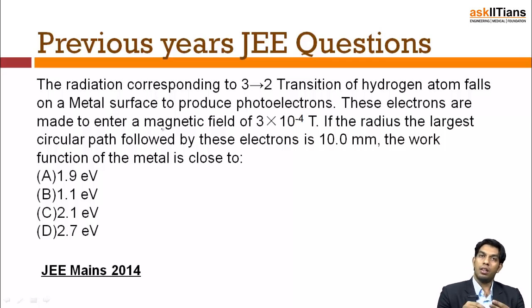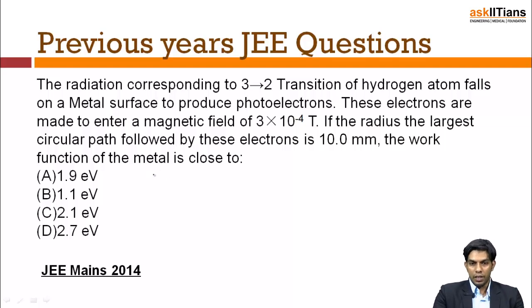Third, the knocked off electrons from the metal surface move in a circular path in a magnetic field region. Three different events. Either I go up from the magnetic field to the knocked off electrons to the emission of photons, or I come down. So let's start solving this problem.